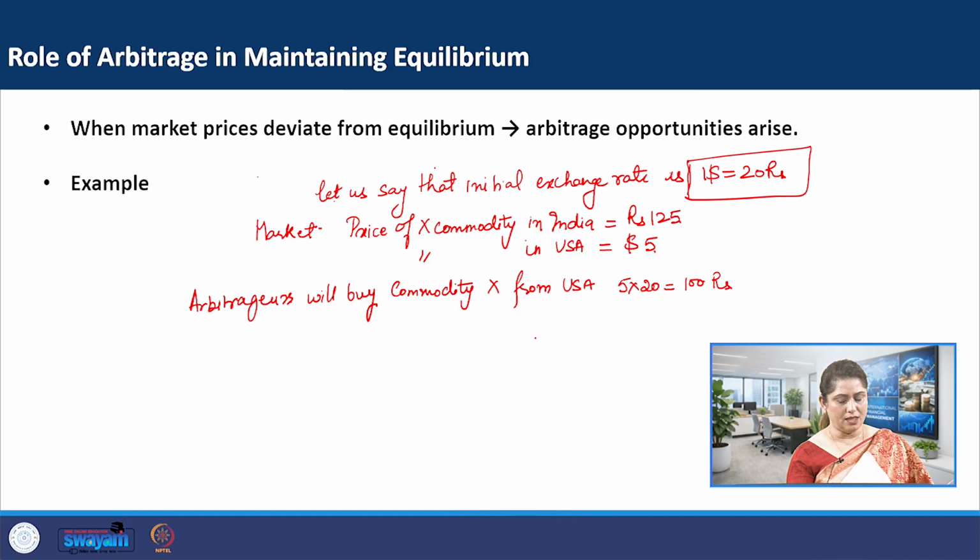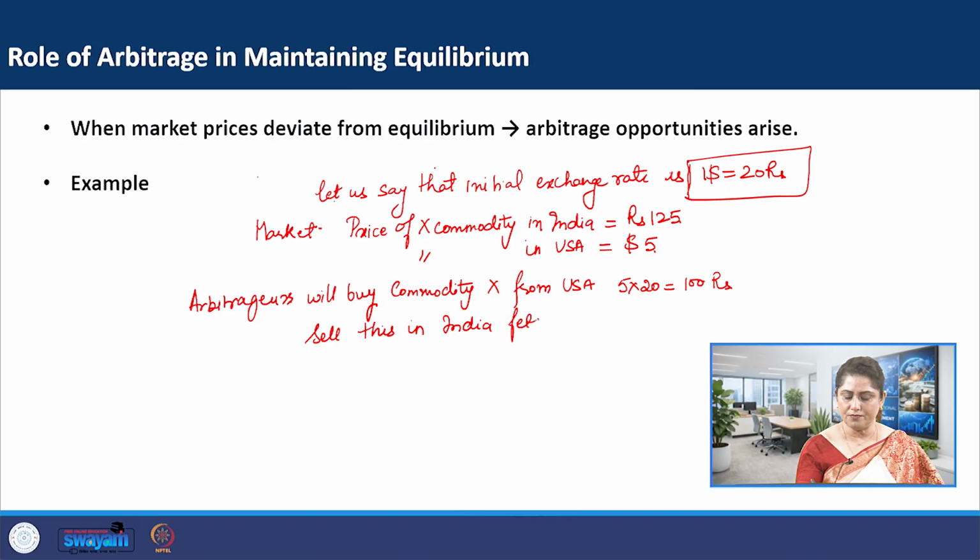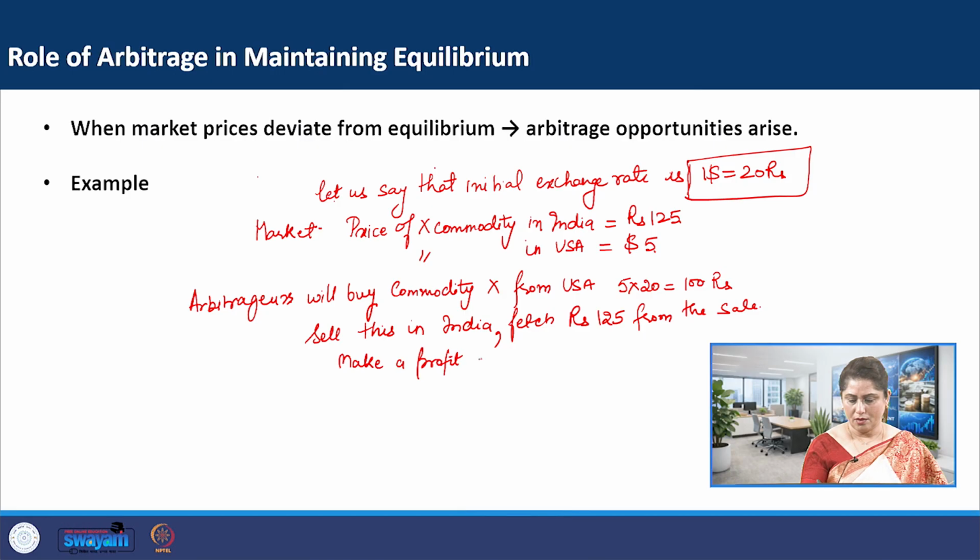Now they will sell this in India, and they are going to fetch how much? They fetch rupees 125 from this sale. In this way, they will make a profit of 125 minus 100, which is 25 rupees.